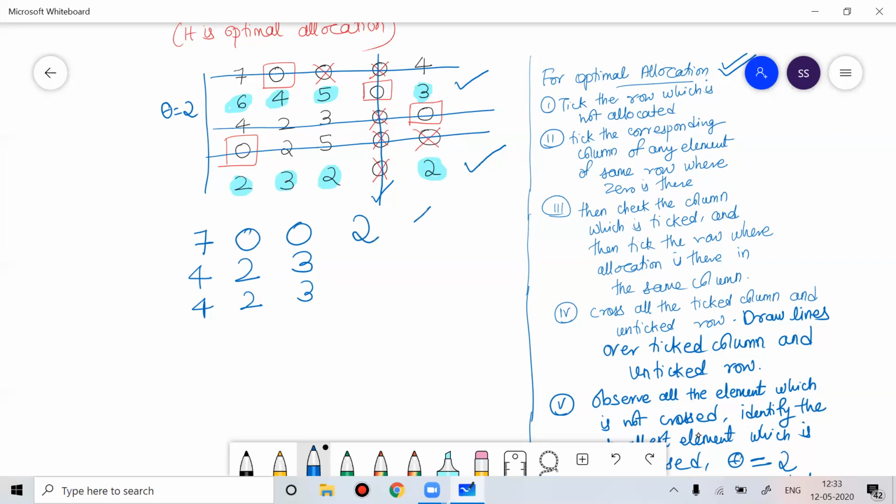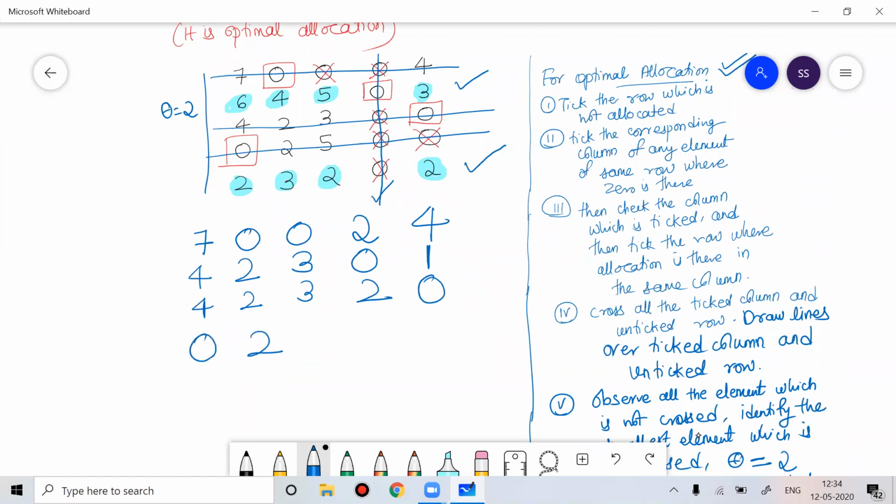Then 4, one line gone, so do not touch it. Over 0, one line gone, so do not touch it. Then 3 is without any line, so 3 minus 2 is 1. For the third 0, two lines gone, so add 2. Then 0, one line gone, so do not touch it.